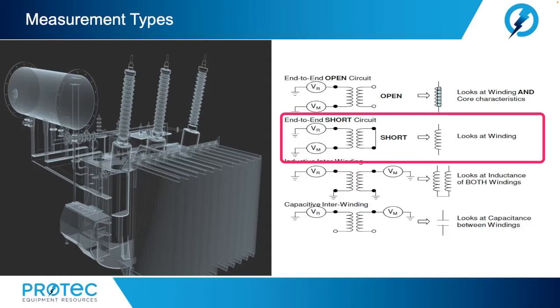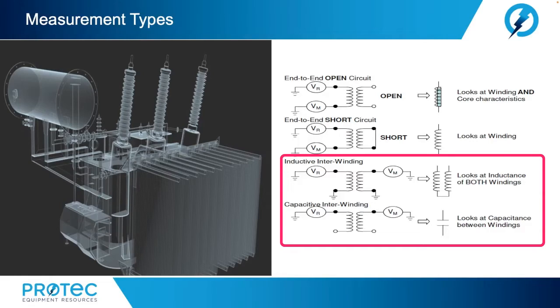This would mean, for example, shorting X1 to X2, X2 to X3, and X3 to X1. This ensures all 3 phases are similarly shorted to give a constant impedance. Any neutral connections available for the shorted windings should not be included in the shorting process.